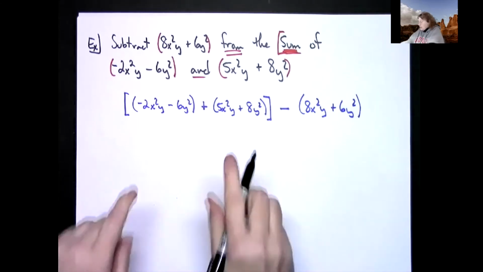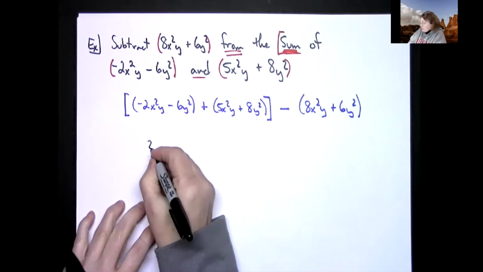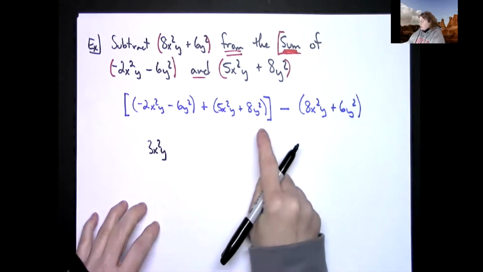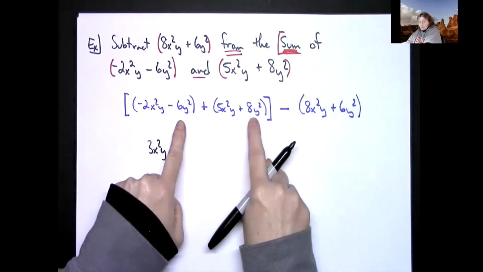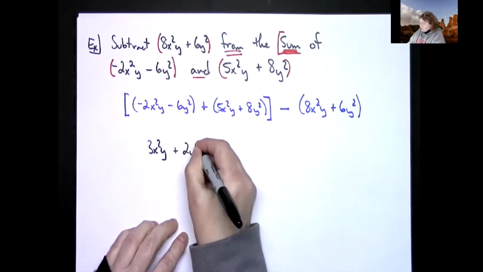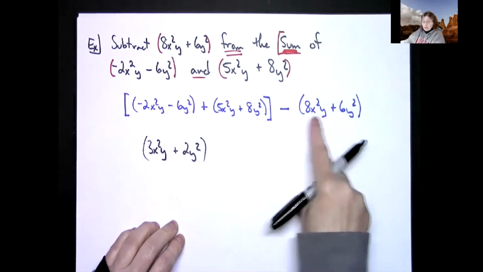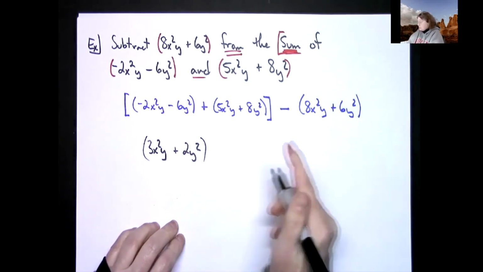So I'm going to put my like terms together. These two are like terms, so I'm going to have a 3x squared y. These two are like terms, so I'll have a 2y squared. Now I'm going to go ahead and distribute that negative through, so I'm going to change my signs.